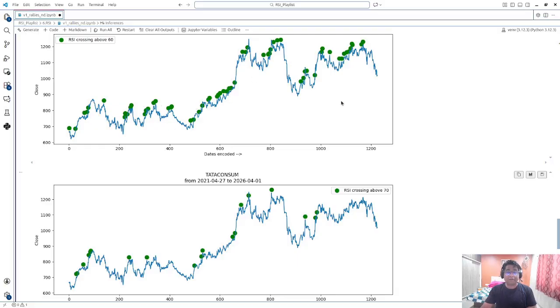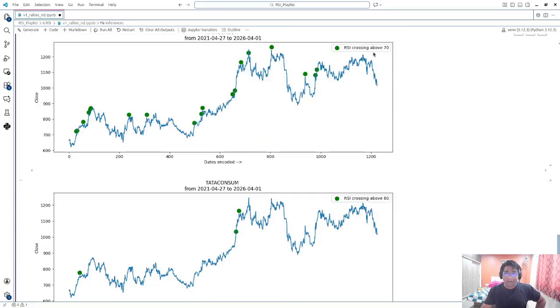So when the RSI crosses above 60, if the market is in momentum, the market is likely in the bullish phase. If the market is in the exhaust phase and you see RSI crossing above 60, it is likely making the top. It is likely creating a distribution and the market is likely to retrace, make some correction.